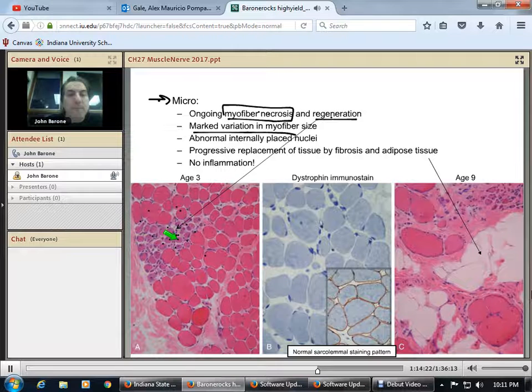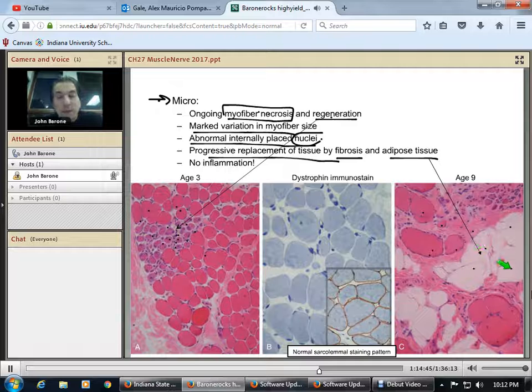Notice you'll see variations in fiber size. So these big ones are normal. These small ones are trying to regenerate. You'll see abnormal internal nuclei in the regenerating fibers. You'll see progressive replacement of the muscle as it dies with fibrous tissue and adipose tissue. So notice, this is early on. Here's late.